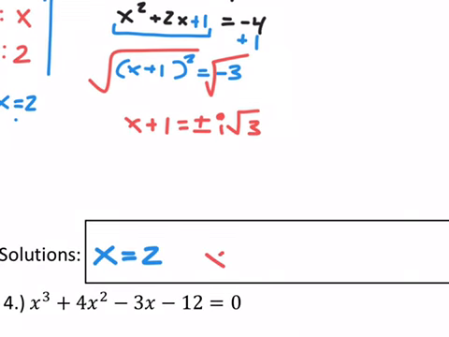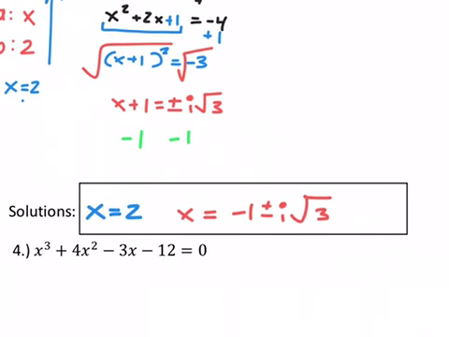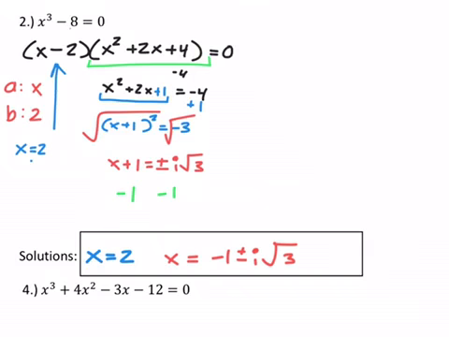Then when I subtract the 1, I'll get that x is equal to a negative 1 plus or minus i square root of 3. And this is the same answer that you would have gotten if you used the quadratic formula on this piece as well.